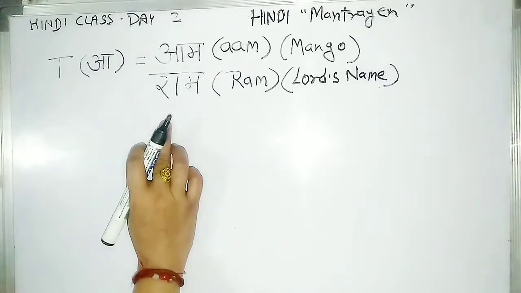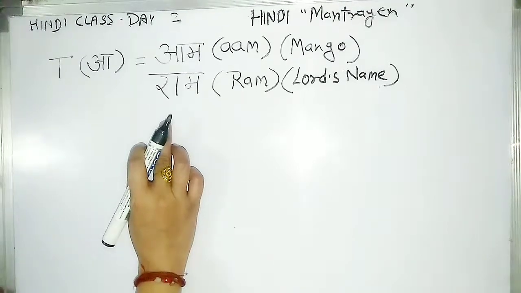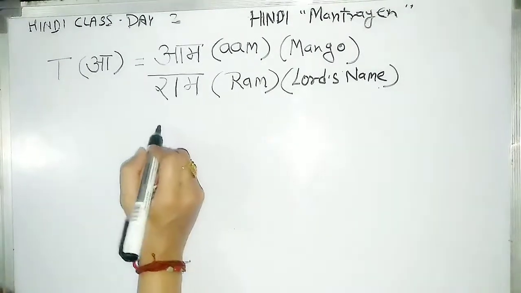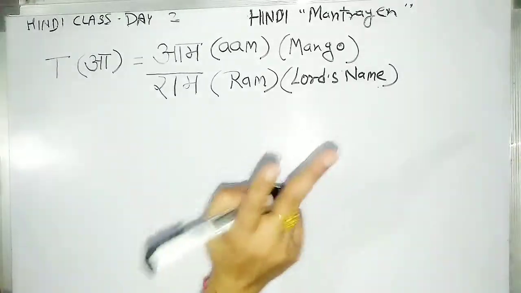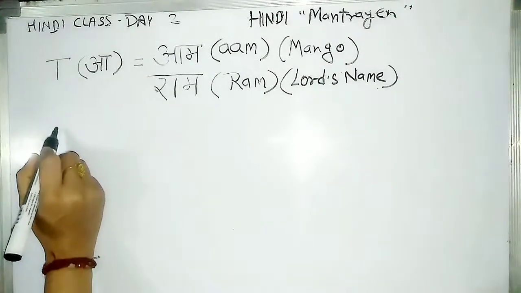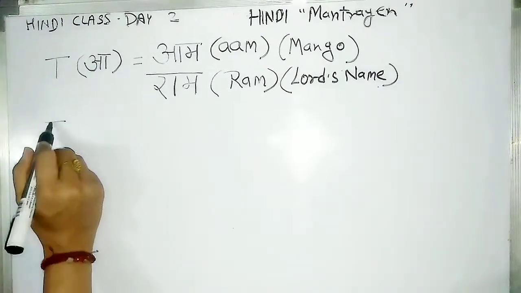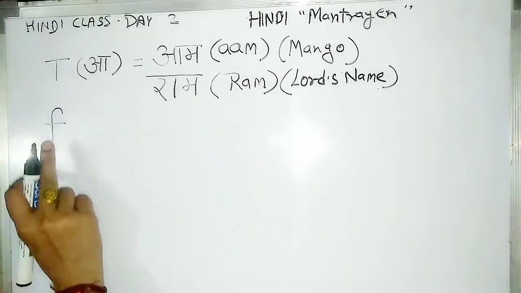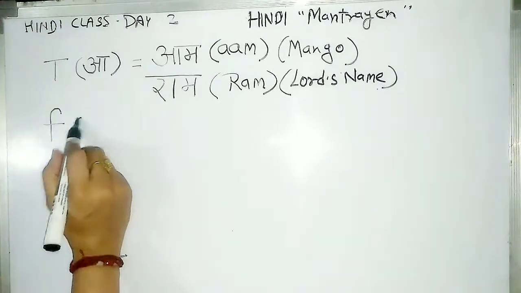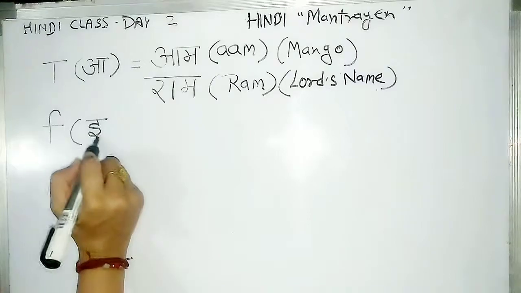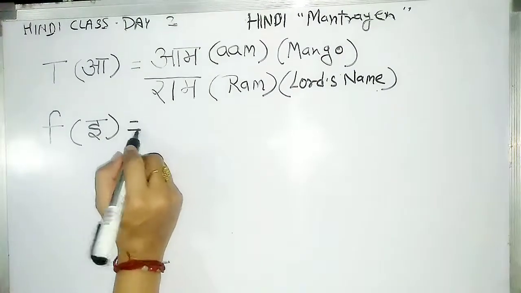It's a lord's name. To write and read Hindi, it is important that you understand consonants and vowels well and learn to read and write by combining both. Practice it. Very soon you will learn to read and write Hindi easily.